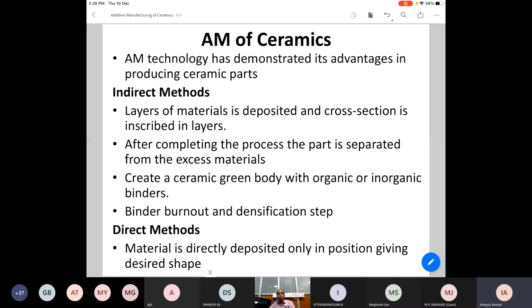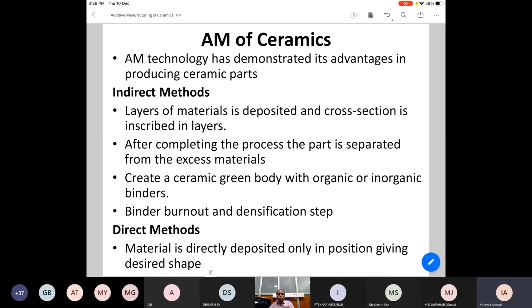The reason is the shrinkage will not be uniform in all these different thicknesses. And that poses a lot of problems, how to predict the thickness. So if you do not know how much shrinkage it is going to have in a particular element, you cannot design a semi-finished product and sinter it to get it without processing it further. So that's another problem. And another nuisance is the binder burnout and densification step.